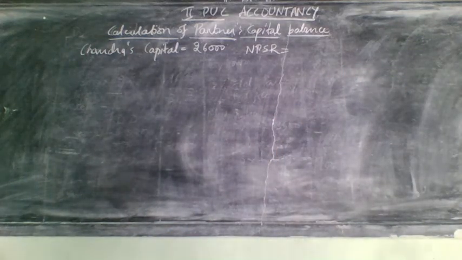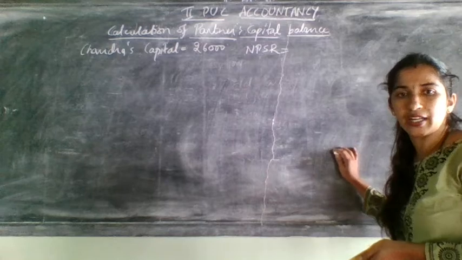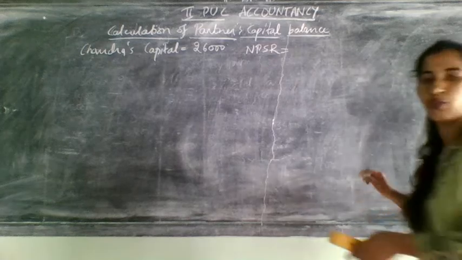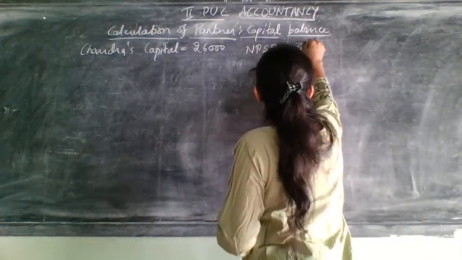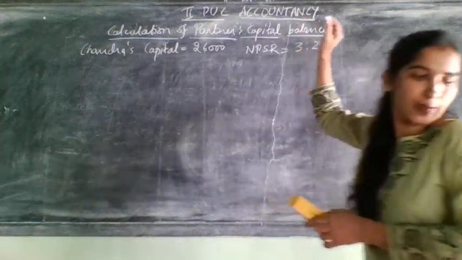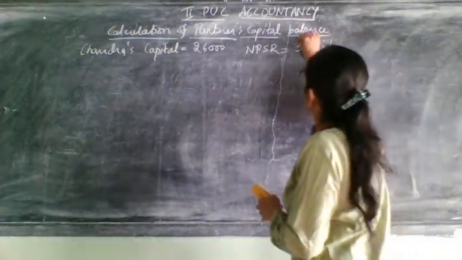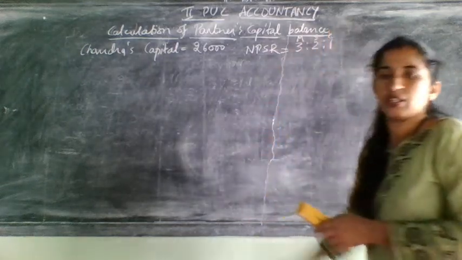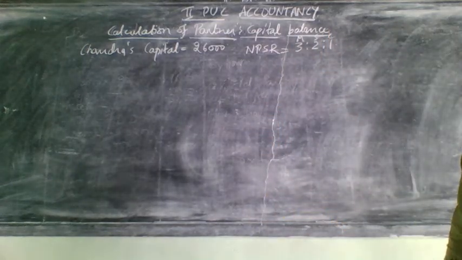They have given it, I told you to underline, in the last adjustment, that is 3:2:1. This is for whom? First partner Mahendra, then Surendra, and next one Chandra. So this is their new profit sharing ratio.